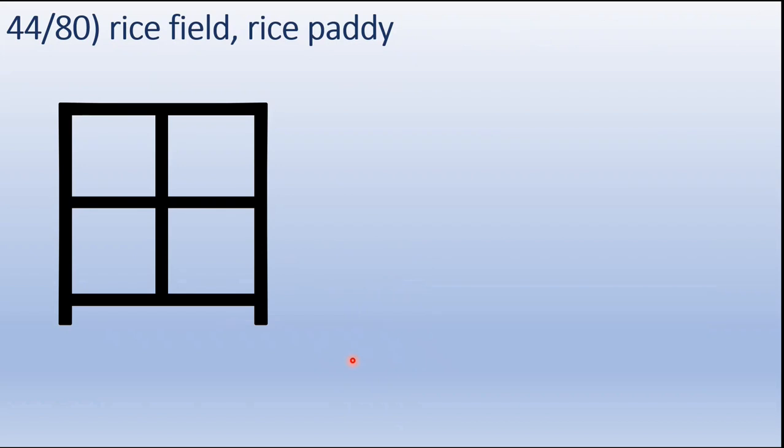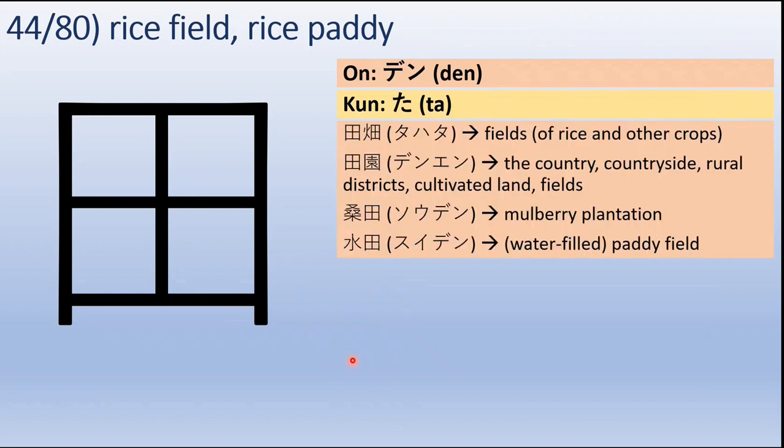Then we have the kanji for rice field, and it's called den in onyomi and ta in kunyomi. You will find these a lot in Japan. So this is tahata. Tahata means rice fields and other crops. Then we have dennen.